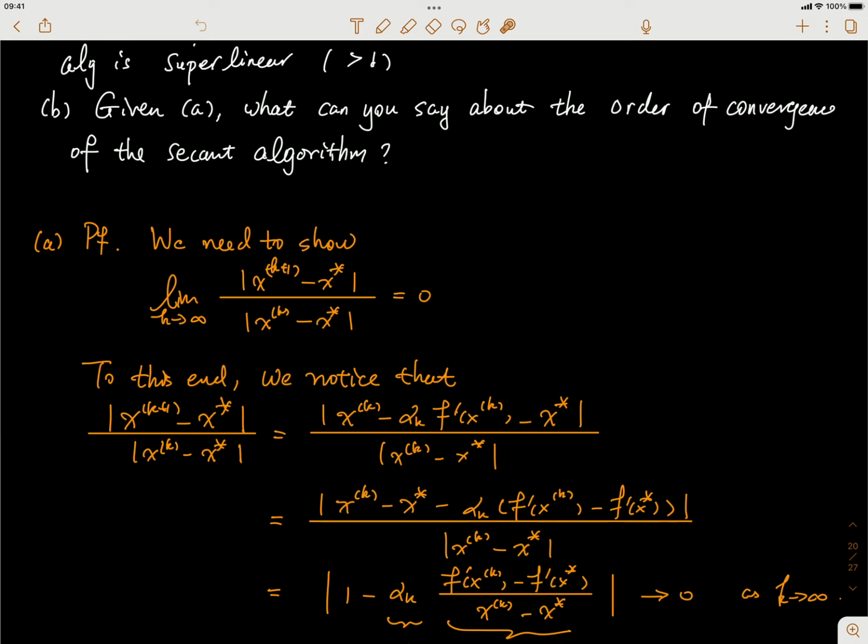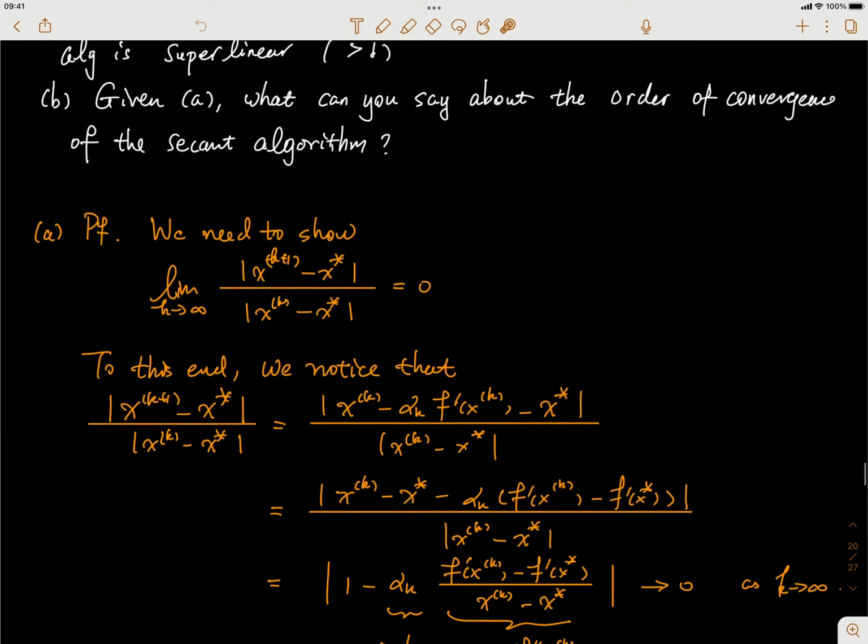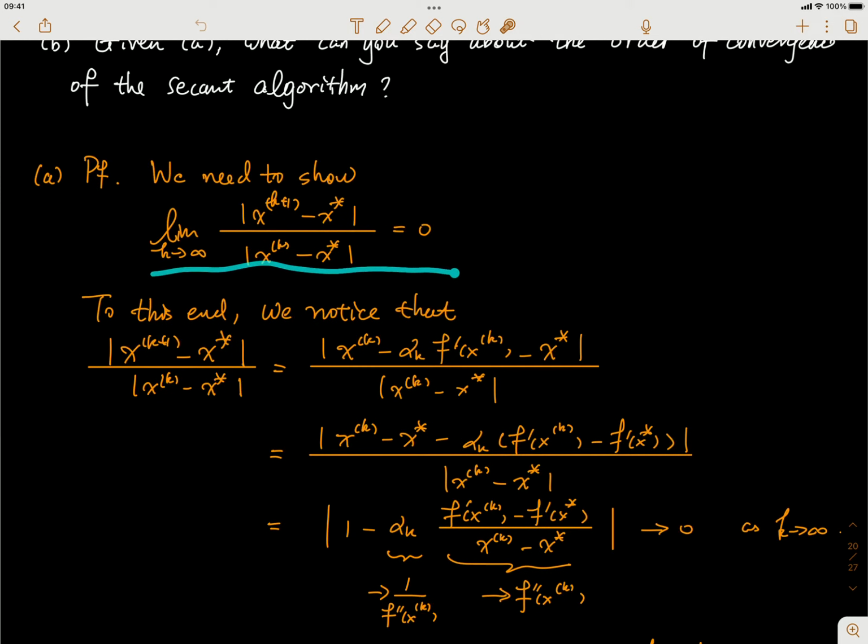Then we can claim that the convergence order is at least p. If it's true for 1, and you can show this limit is 0, that means the order is at least 1, it should be bigger than 1. In that case, we call the convergence order superlinear. So that's all we need to do for part A.